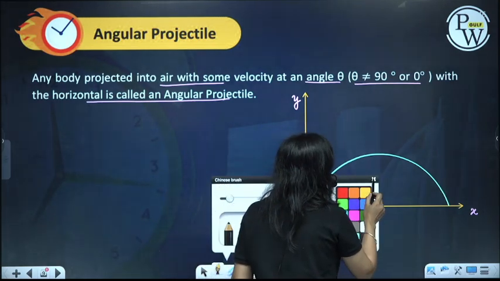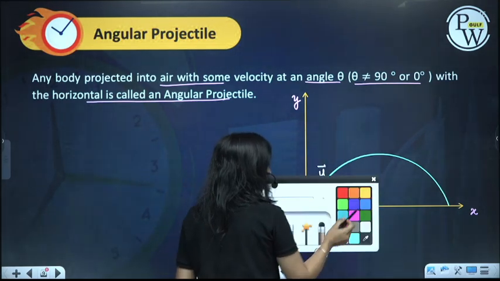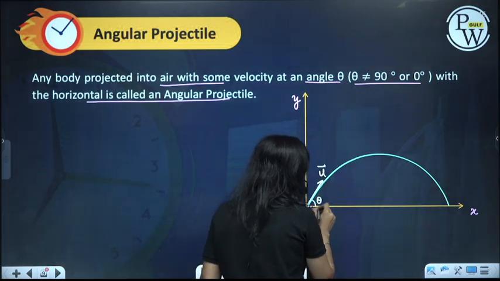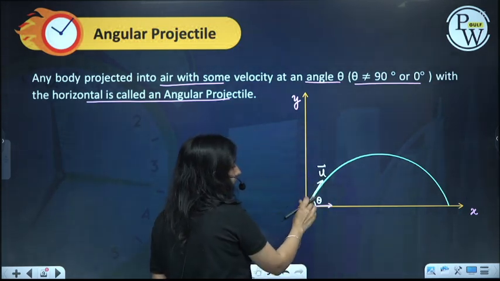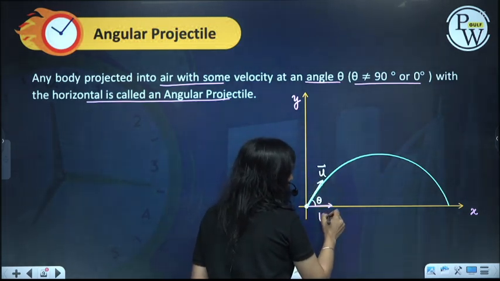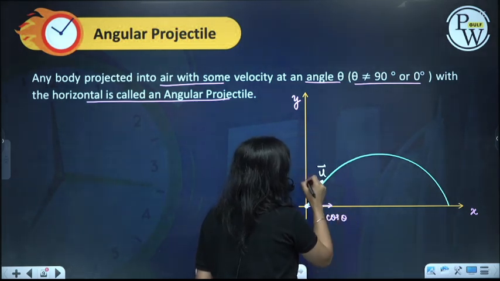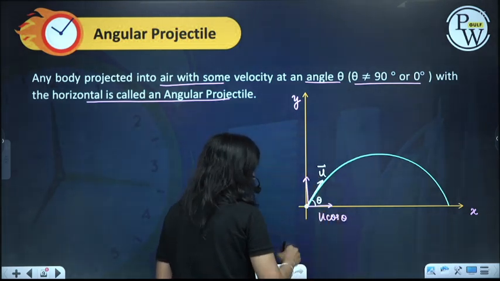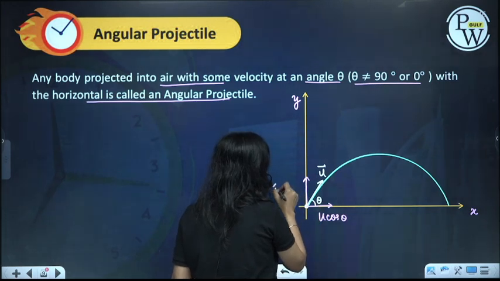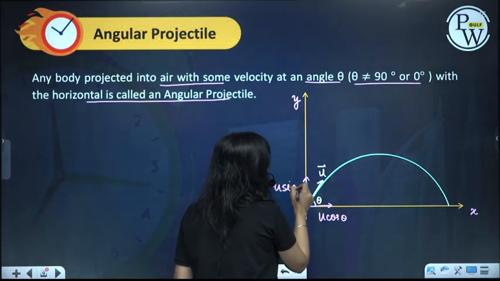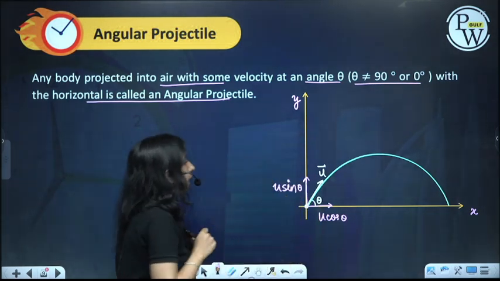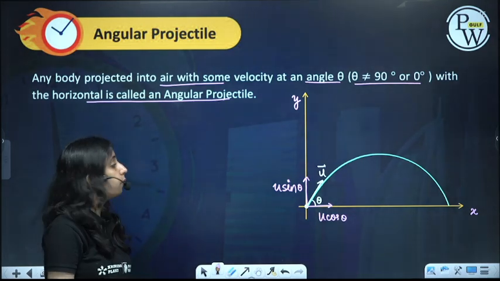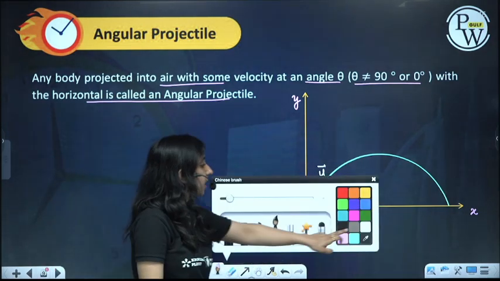Now divide the motion of this projectile into two directions. If velocity is having angle theta, the component in x will be u cos theta, and the component in y will be u sin theta.